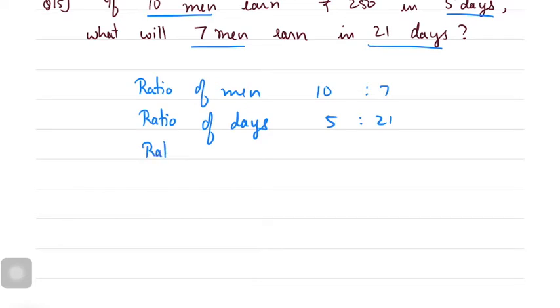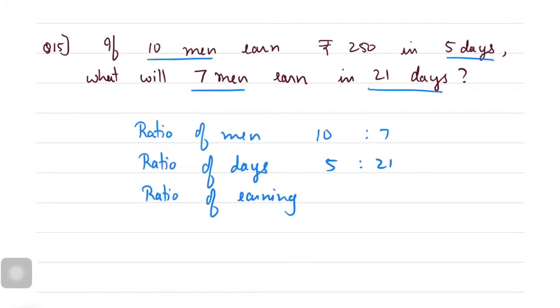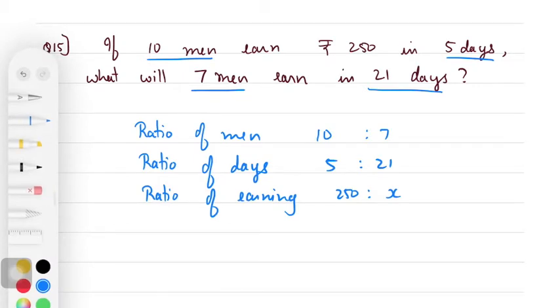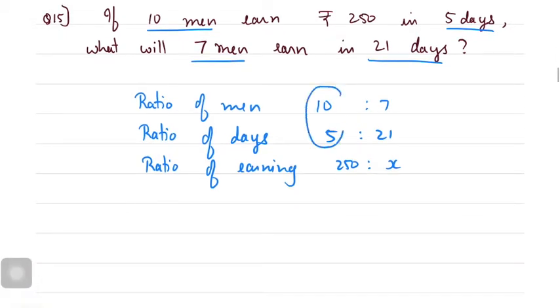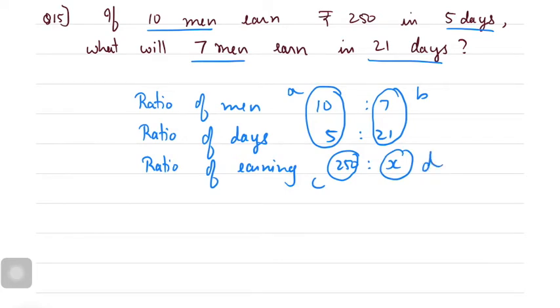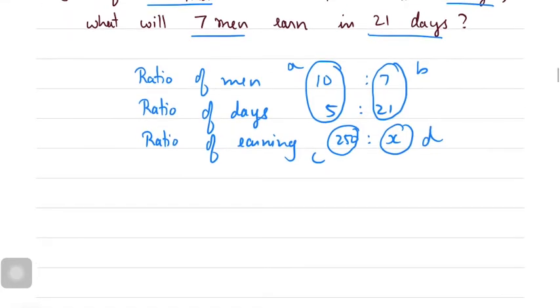Okay. And ratio of earning will be rupees 250 is to X. Okay. So this is my A, this is my B, 250 is my C, and X is my D. And this is a question of direct proportion.